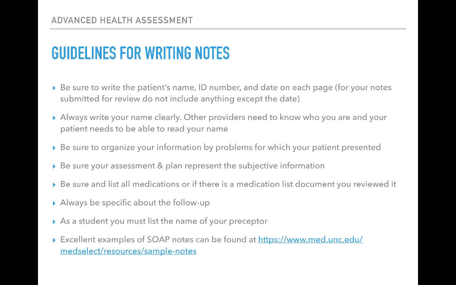Be sure to list all medications, or if there is a medication list, document that you reviewed it. Always be specific about your follow-up plans. It is best to say when you want to see the person back again, and to give a specific timeline, if at all possible. As a student, you must list the name of your preceptor on all of your documentation.